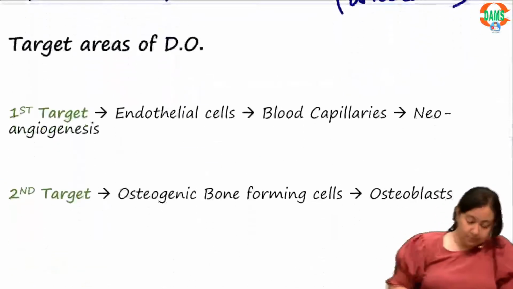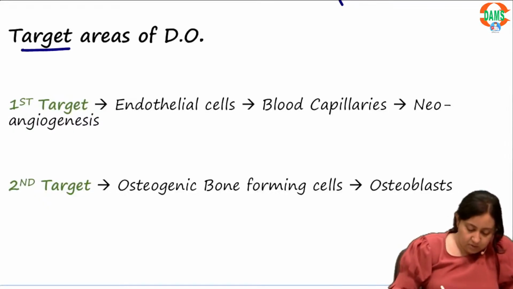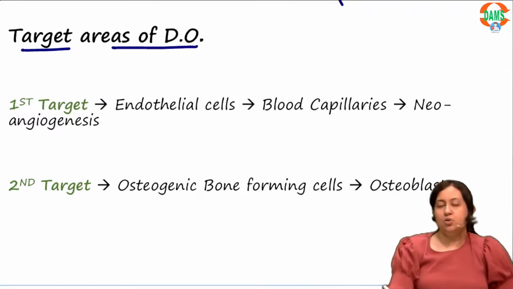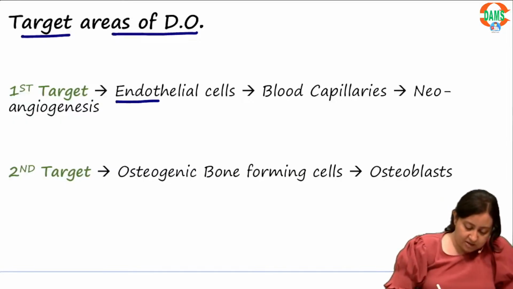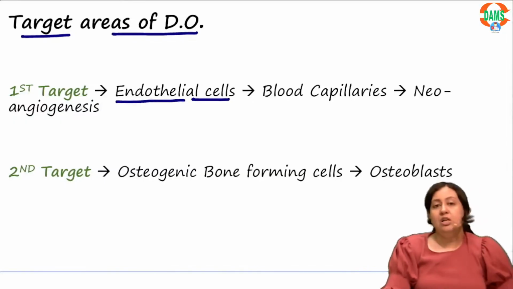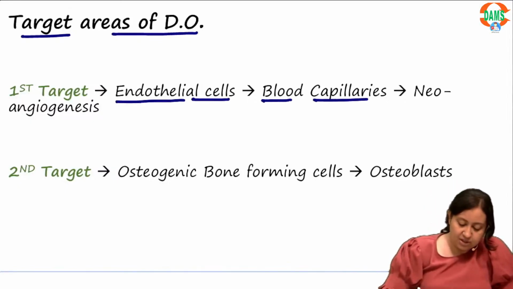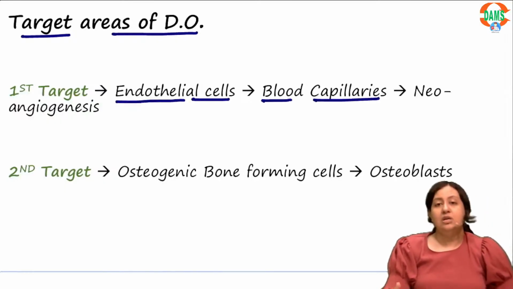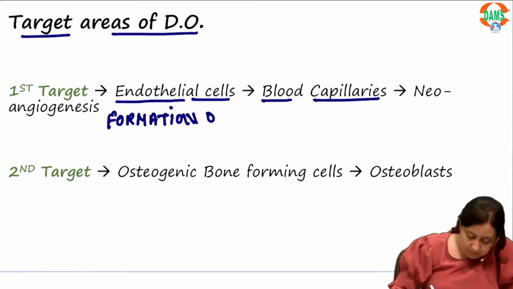Now, the target areas of DO. What does distraction osteogenesis target so that it can take place? The first target is endothelial cells, which are found in blood capillaries. When distraction osteogenesis targets endothelial cells, it gives rise to neoangiogenesis, that is formation of new blood vessels. So a new blood supply is being developed.